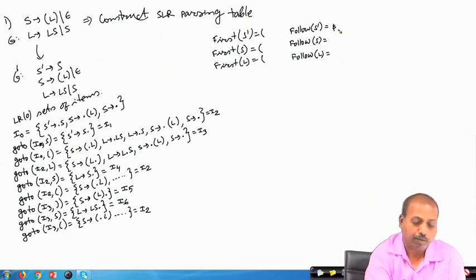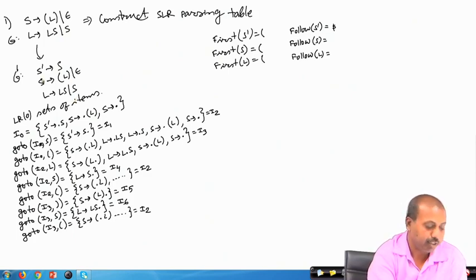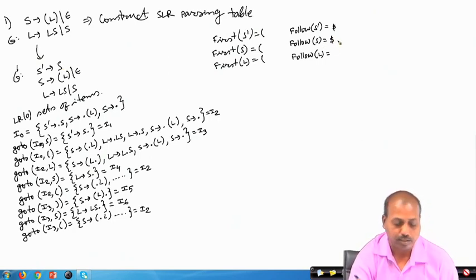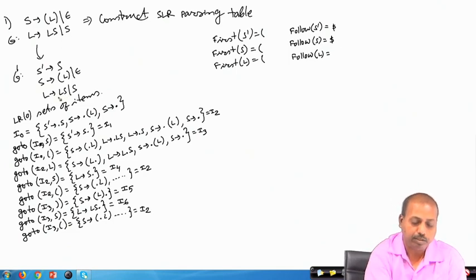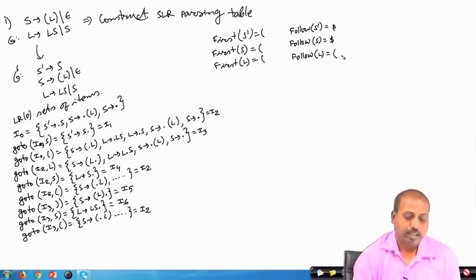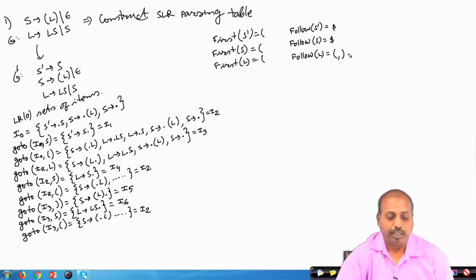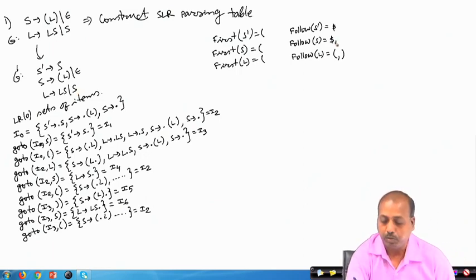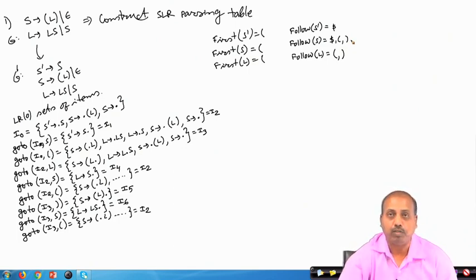Then for the follow of S, whatever is in follow of S dash is in follow of S. So, dollar is there, and from this rule whatever is in first of S is in follow of L. So, first of S has got this open parenthesis, so follow of L has got this open parenthesis, and from this rule close parenthesis is also there in the follow of L. And by this rule L producing S, whatever is in follow of L is in follow of S. So, this open parenthesis and close parenthesis also come in the follow of S. So, this finishes the follow set computation.